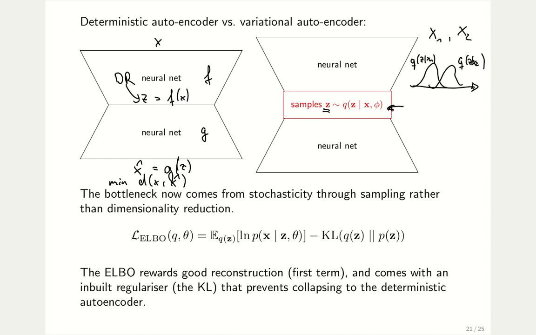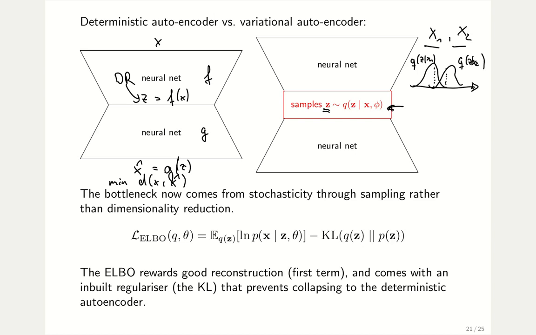Okay, what do we observe? The most important thing we observe is that in this area here, these two distributions overlap. And why is this so significant? Well, after all, we're trying to decode again. We're trying to get back our original sample, our original data point x1 or x2.